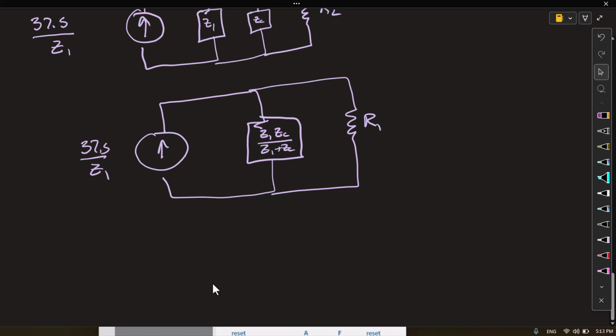And then if I now do a source transformation again, I will get 37.5 over Z1 times Z1 ZC over Z1 plus ZC.